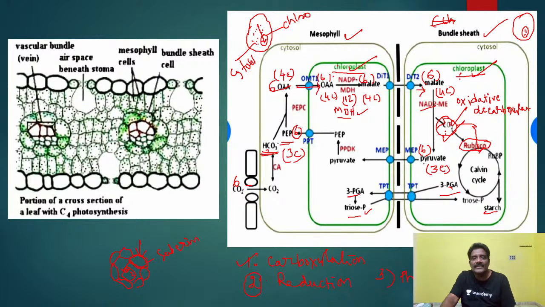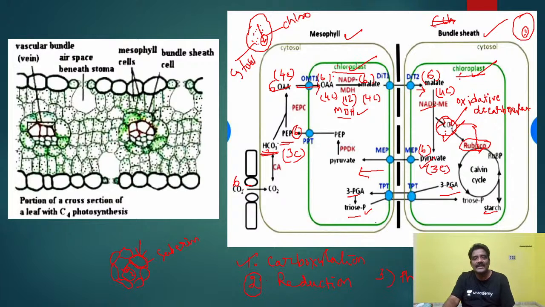Next, what is the fate of this pyruvic acid? Malic acid undergoes oxidative decarboxylation and forms pyruvic acid here. What about the fate of these 6 molecules of pyruvic acid, containing 3 carbons each? This will go like this, through this, and again come back to the chloroplast of the mesophyll cells.